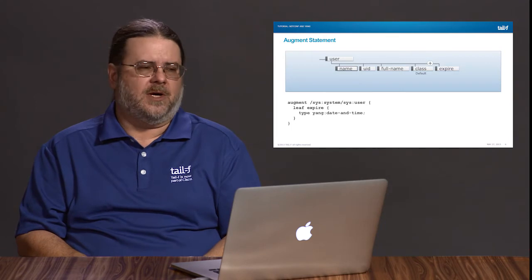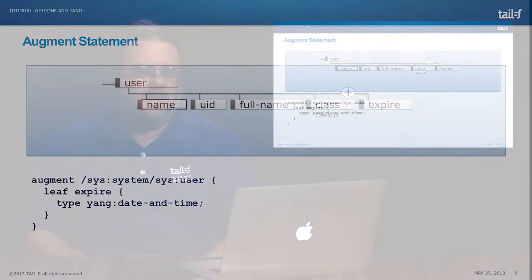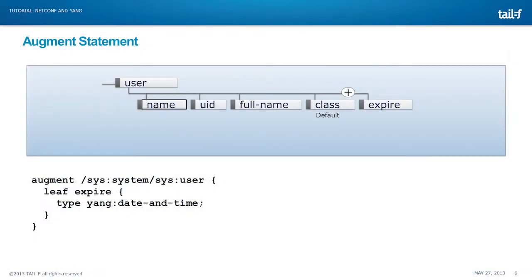Next, we have the augment statement. Augment is used to add to another data model, or augment it. We have IETF standard defined models. We have other standards bodies defining Yang models. You may have other models within your company that you can't change.